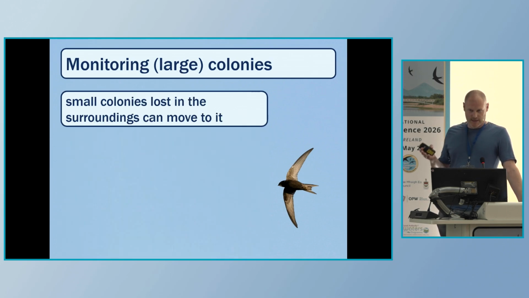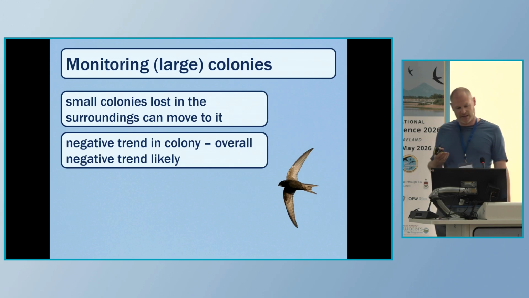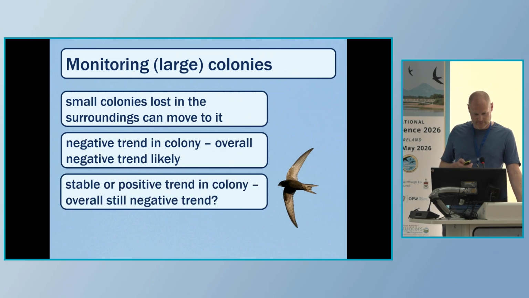And Chris Huxley explained it before with the source-sink concept, that the large colonies that you are monitoring can be like a magnet and attract the swifts from the surroundings, from the colonies which have vanished without being noticed. And so if you have a negative trend in your colony, then it's quite likely that the overall trend is also negative.